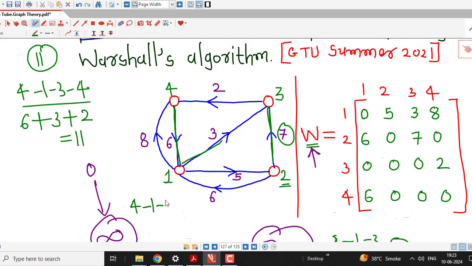We can observe this path also, but here the length is 14. So this is the shortest path from 4 to itself, and 11 is the length of that shortest path.